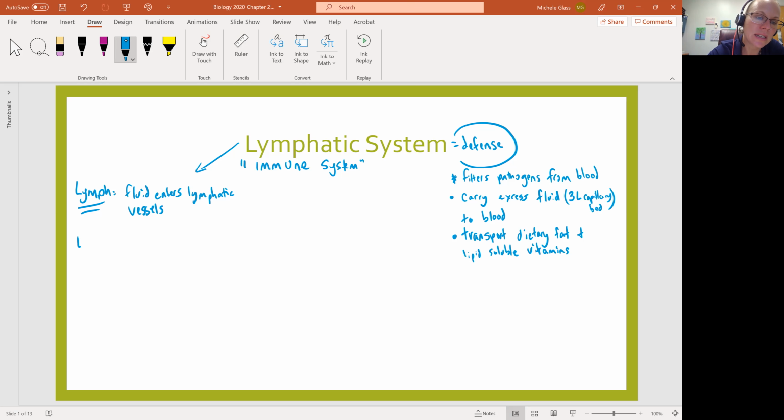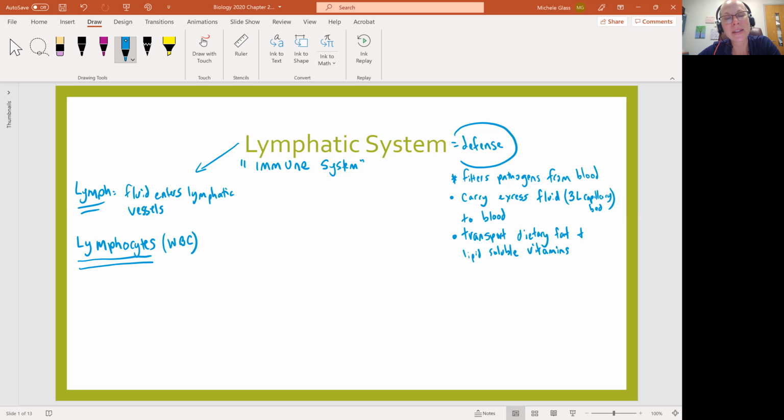We'll also see that this system has special cells, lymphocytes, which we already introduced when we talked about our white blood cells.